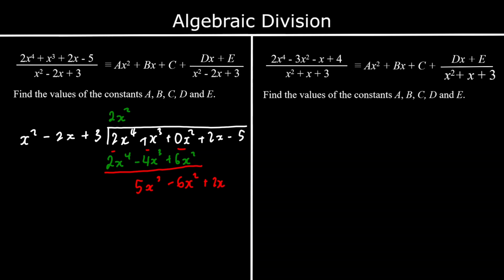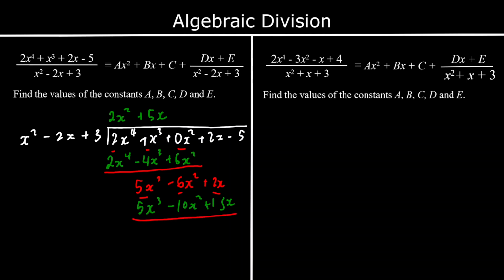Bring down the next one and go all over again. So 5x cubed over x squared is 5x. Times by 5x, so 5x cubed minus 10x squared plus 15x, take away.